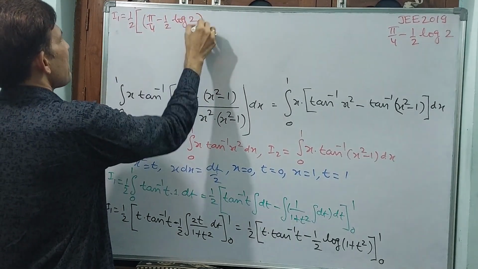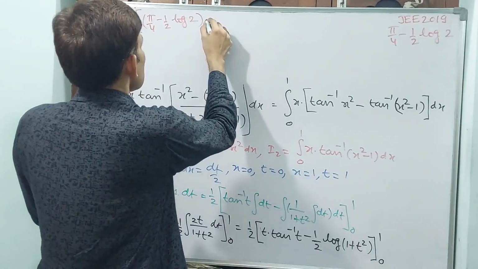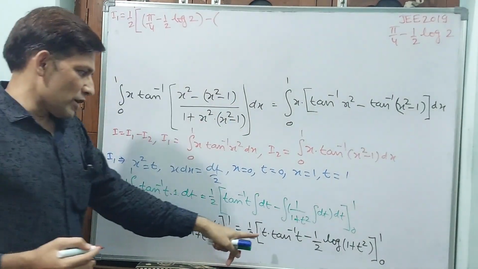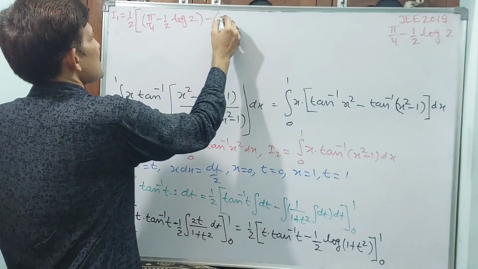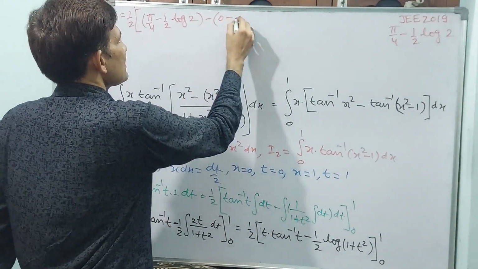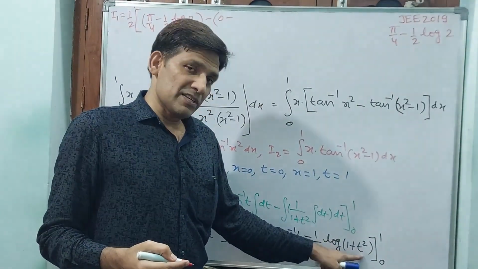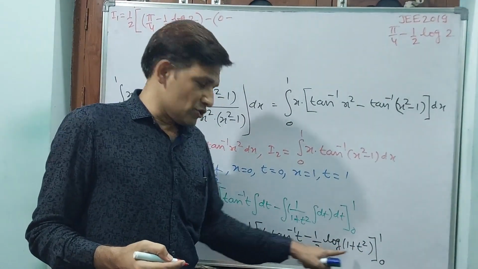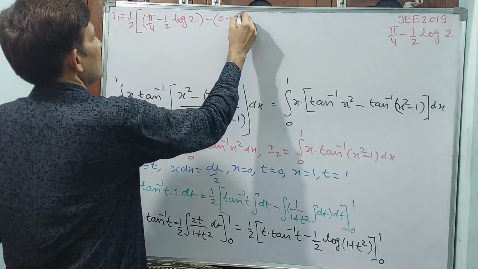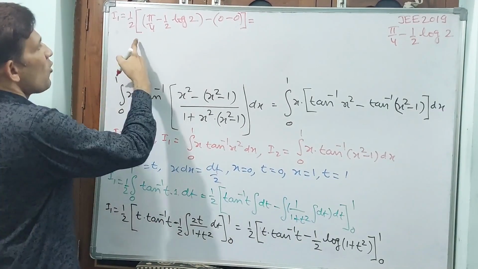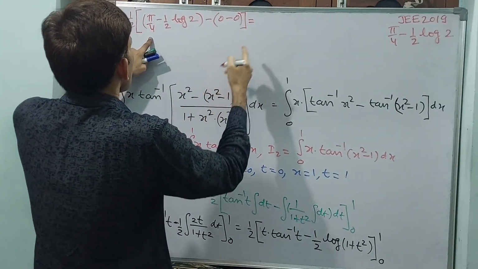You keep this parenthesis. Lower limit minus. Lower limit also you have to give. If you give 0, 0 into something is 0. First this is 0. Minus, if you give 0 here, 0 plus 1 is 1, log 1 is 0, 0 into 1 by 2 is 0. Again 0.